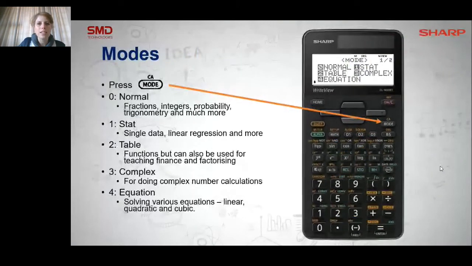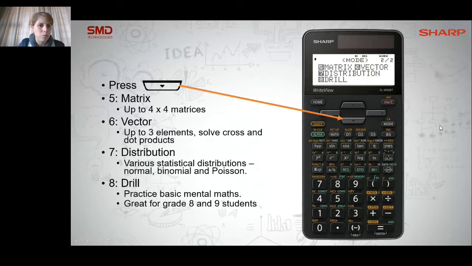Okay, so this calculator actually has 9 different modes. So we're going to use normal, we won't do any stats today. We'll use the table mode, the complex mode, and the equation solving mode as well. And then, of course, drill, which we won't talk about today, but let me just mention it now, is a fantastic practice for your students.